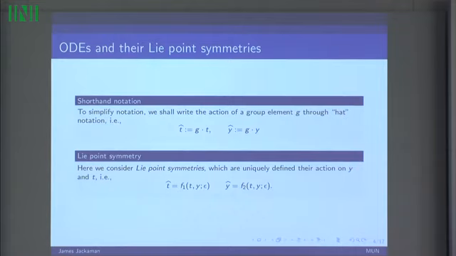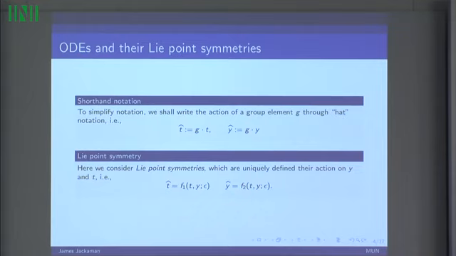We're also going to only consider what are known as Lie point symmetries. What this means is that we take our t and y and we map them to other functions of t and y which are parameterized by some group action. The important exclusion that we're making here is that the group action can't add more derivatives into the problem.